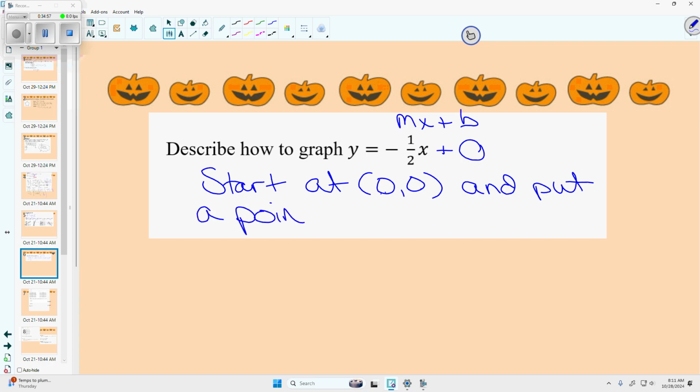Then what do we do? Count down 1 and over to the right.